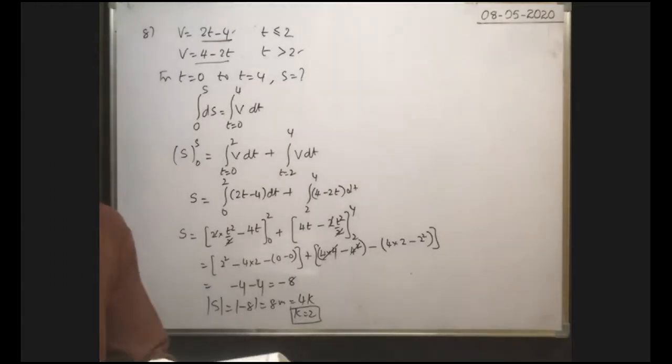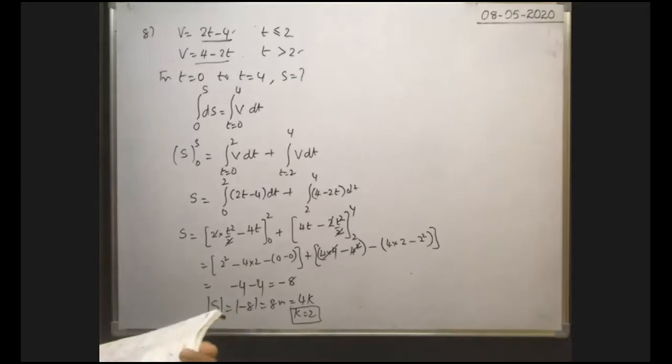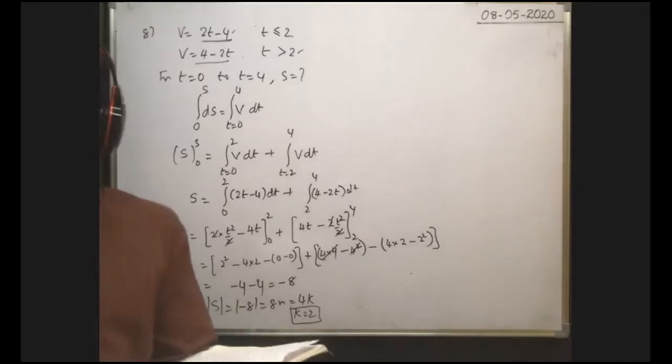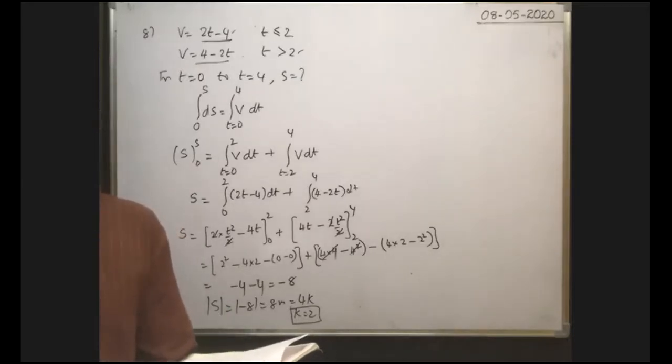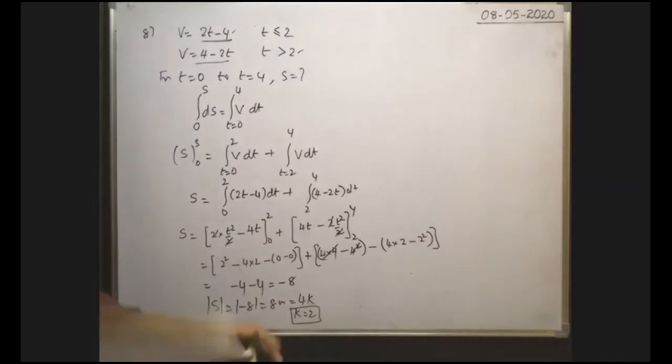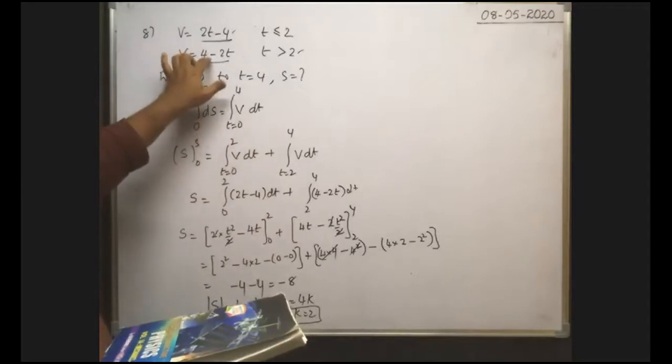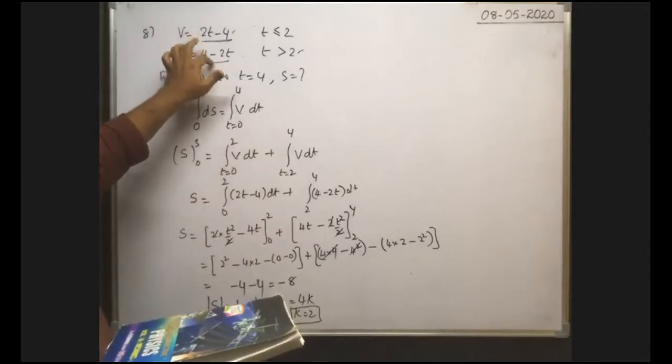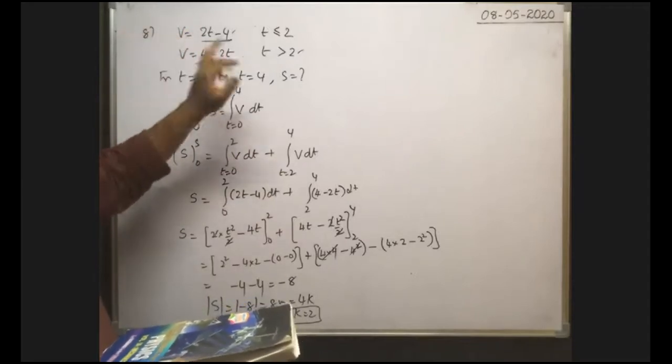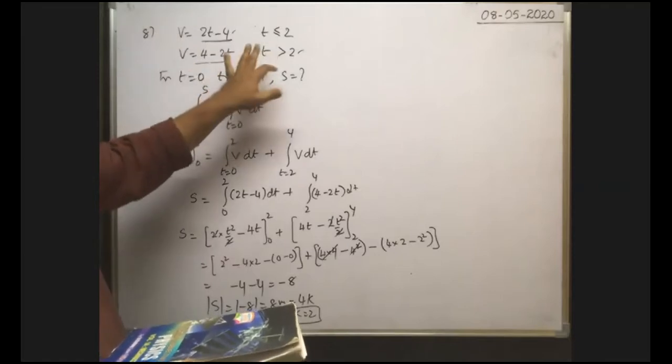Next, we have to see the graphs. You take the snapshot for this. No, at t is equal to 2 seconds, even if you substitute here or here, velocity is 0 only.